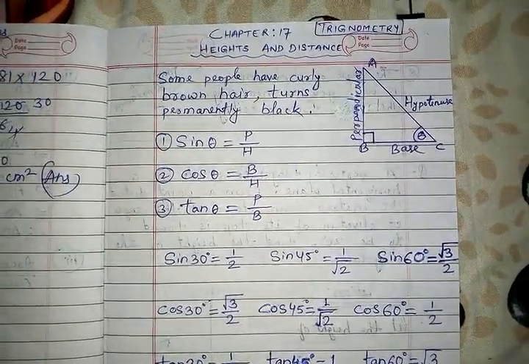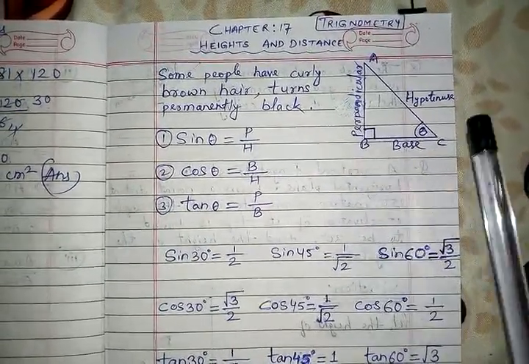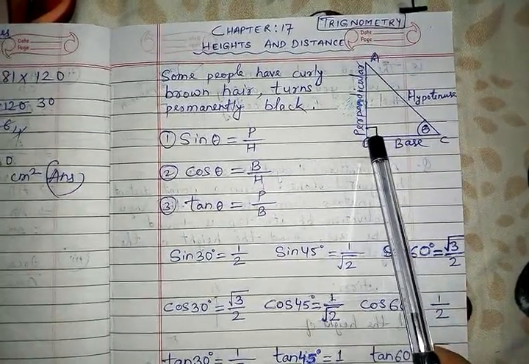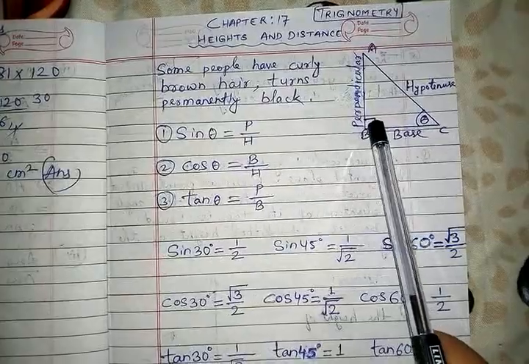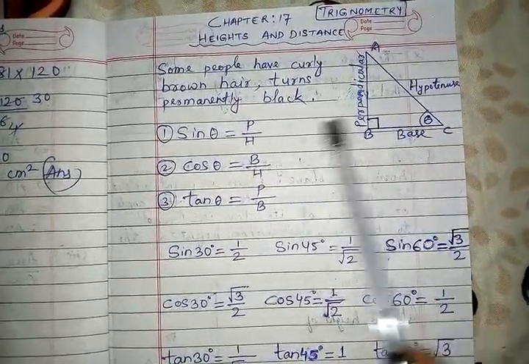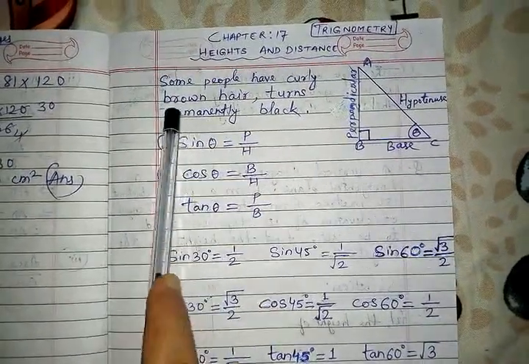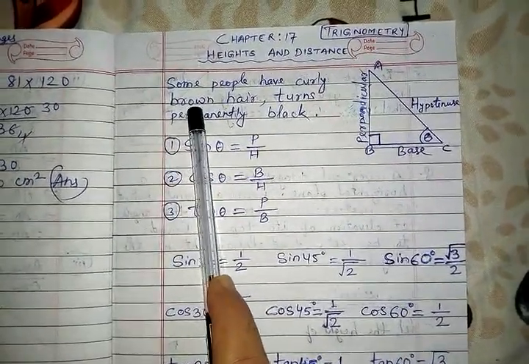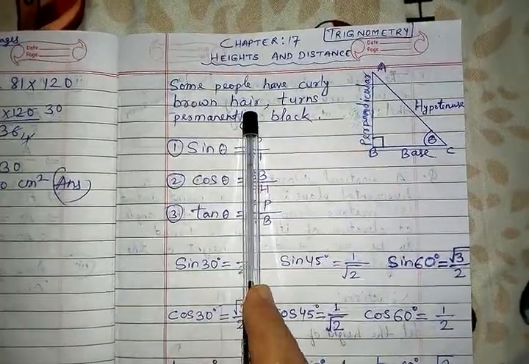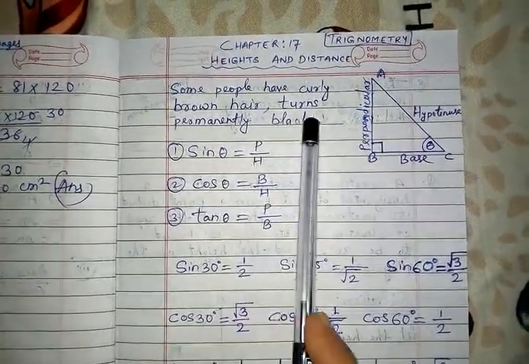So let us begin. As you all remember, in this chapter the 90-degree triangle, that is the right angle triangle, where one angle is 90 degree, is very important, and we have a very simple sentence to remember the formula, which I had discussed in class 9 also. Some people have curly brown hair turns permanently black.